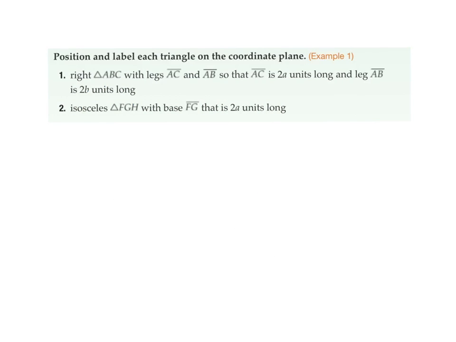Okay, so here's question number 1. Position and label each triangle on a coordinate plane. Best thing to do, always use 0, 0. If you use 0, 0, you're good to go. You're going to draw a triangle ABC, so that AC is 2A long and AB is 2B long.